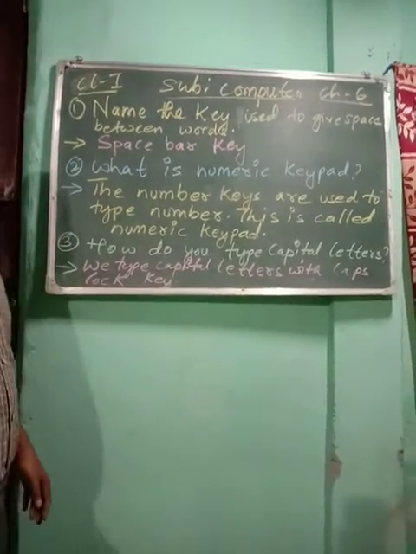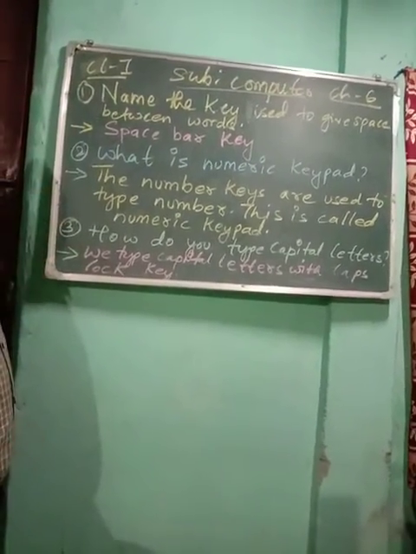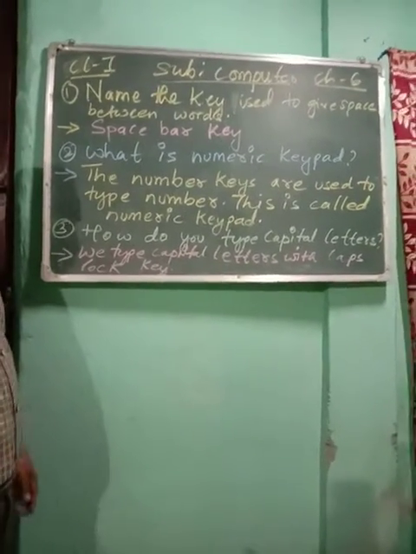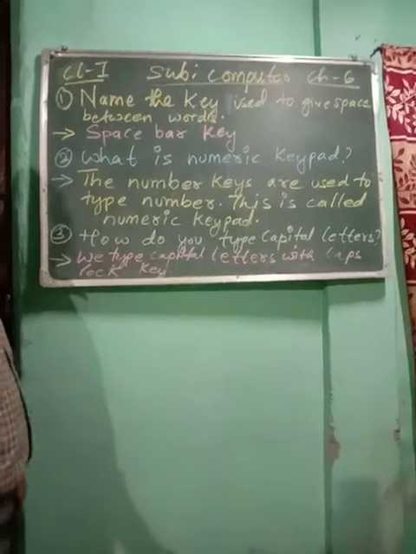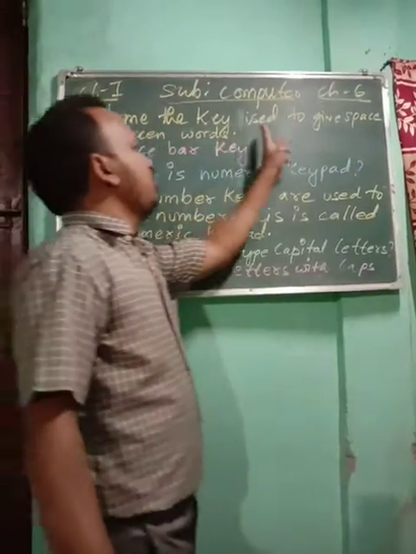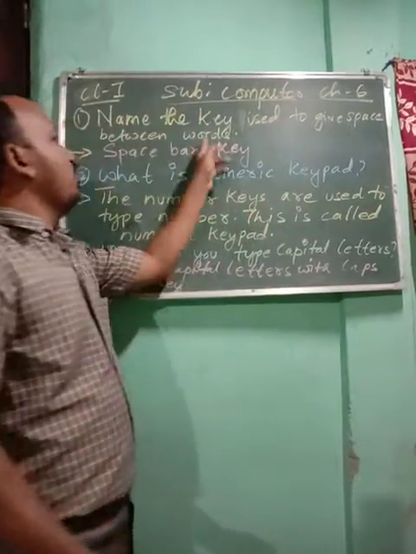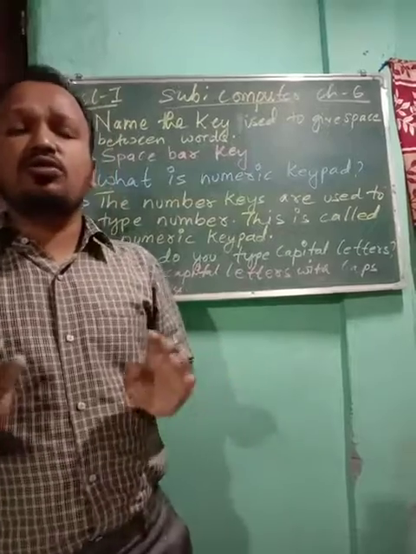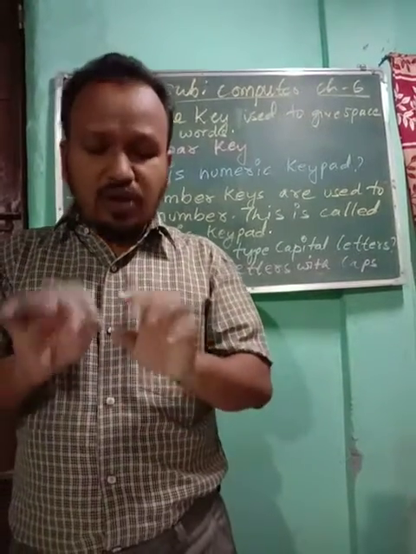Now see, this is your chapter 6, and the chapter is about your keyboard. The first question I'm reading, children, with the answer: Name the key used to give space between words. The question is asking which key is used to give a space between words when we type.